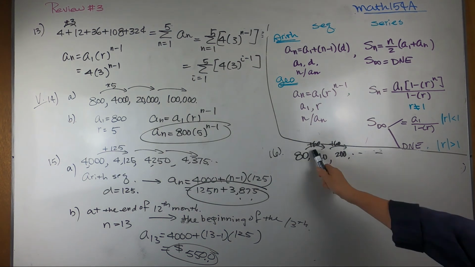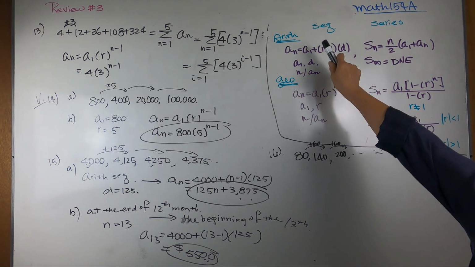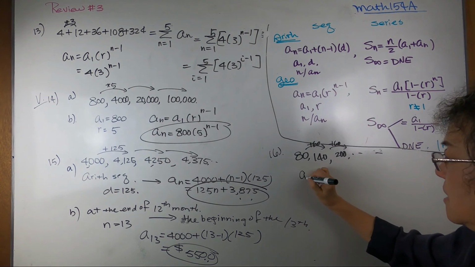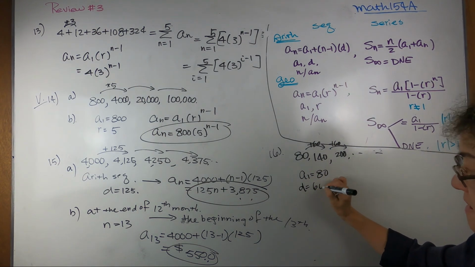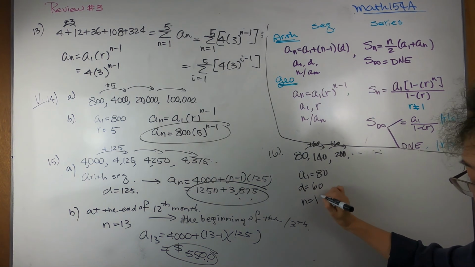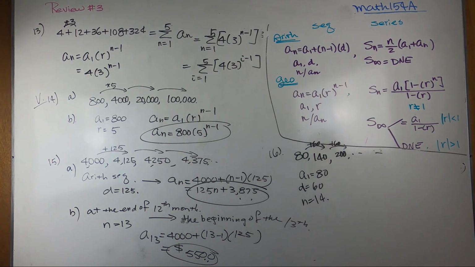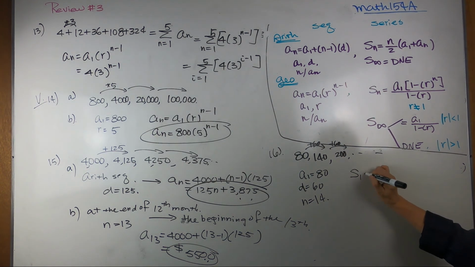With D, that would be arithmetic. So A1 is what? 80. Your D is what? 60. How many days? 14 days. So what was the question? Find the total amount of shots they have sold, right? So we need to find the S14.